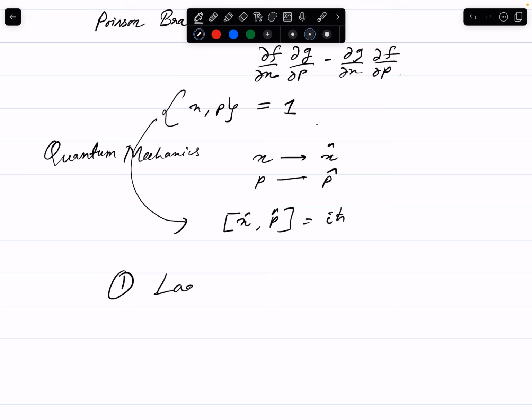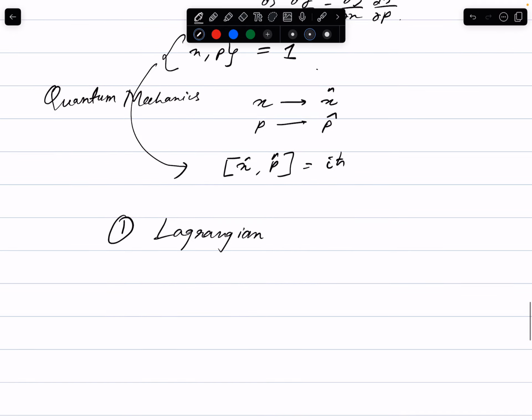start with a Lagrangian. Some Lagrangian will be given to you, which you want to quantize. You want to identify the momentum by ∂L/∂x dot, or if it is a field, it will have some different form.